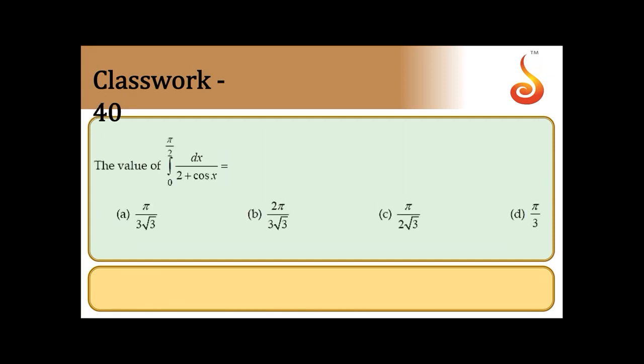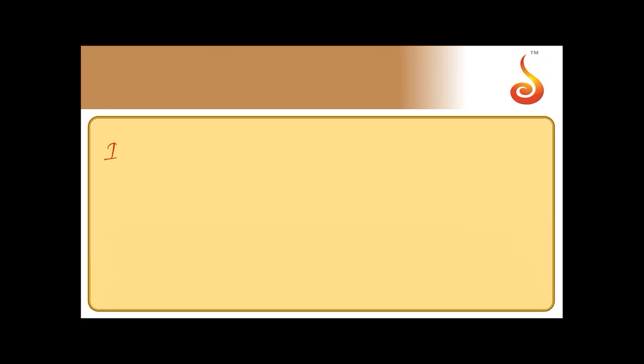Coming to the next one, integral 0 to pi by 2 of 1 by 2 plus cos x. So we apply the concept of substitution method. I is equal to the integration from 0 to pi by 2 of 1 divided by 2 plus cos x multiplied by dx.